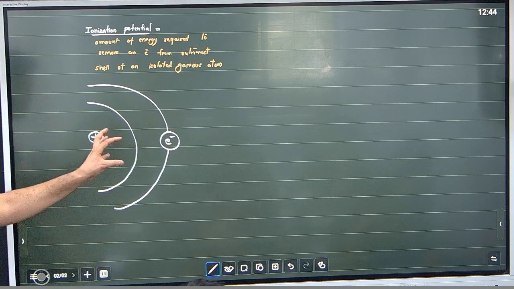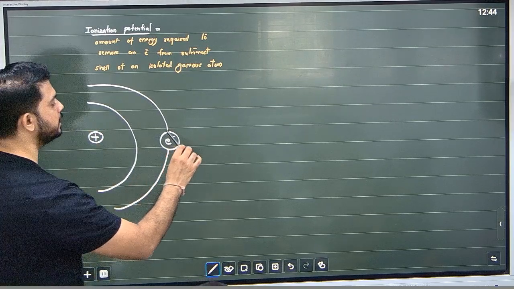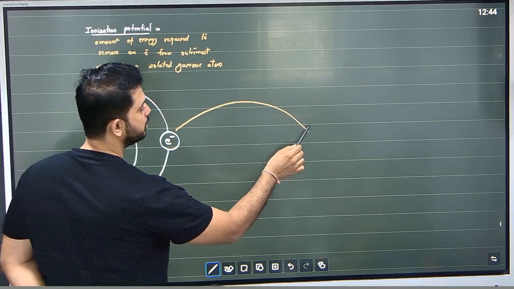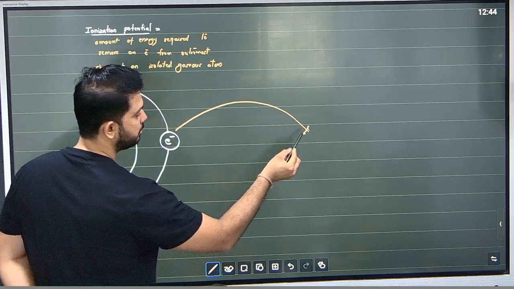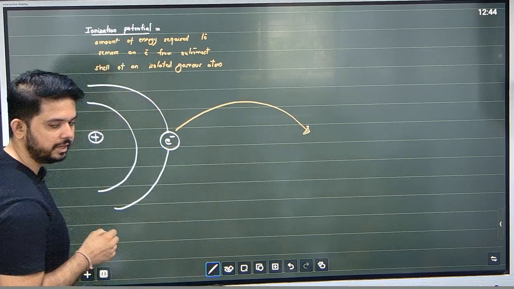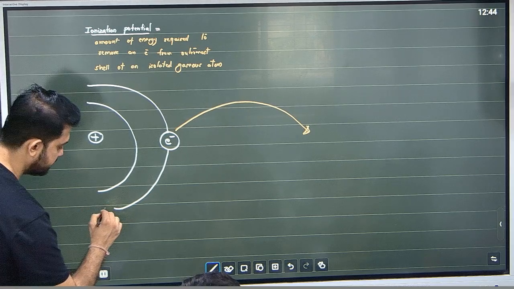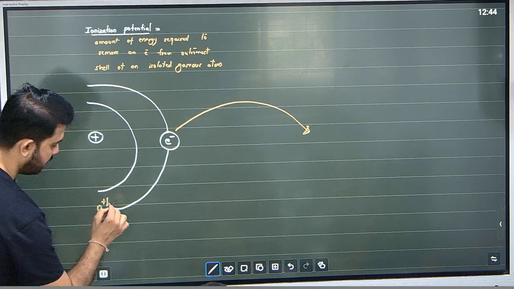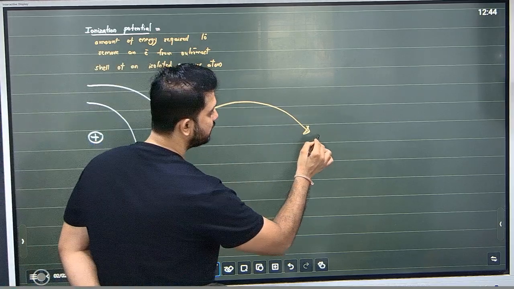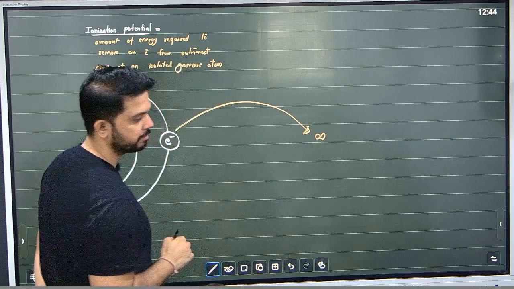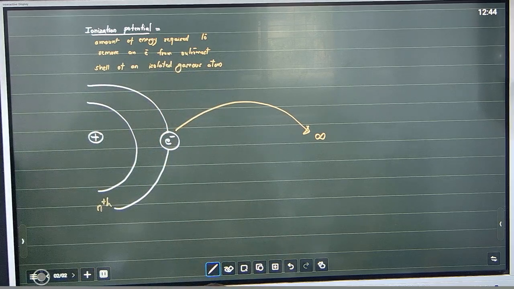You're removing the electron, and where are you taking this electron? Basically, you are taking the electron away from the influence of the nucleus. So if I say this is, let's say, the nth orbit, this is somewhere at infinity. Did you people get that?